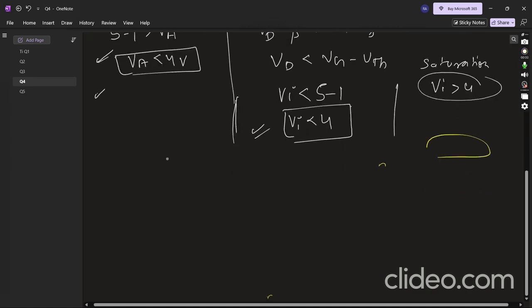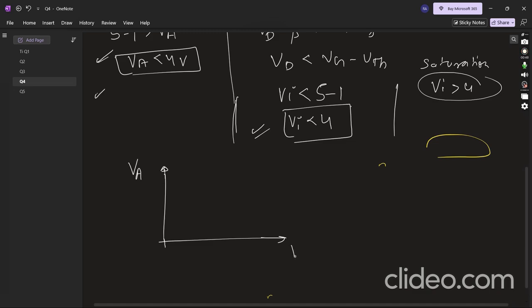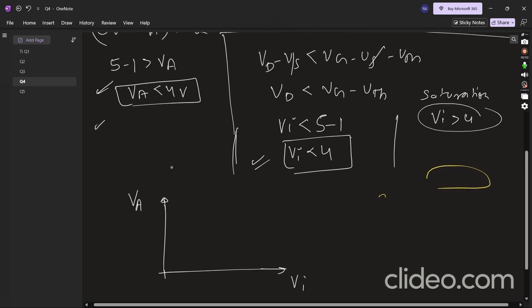So if we put this on the graph, this is VA, this is VI. For the MOSFET to be on, VA is always less than 4 volt.